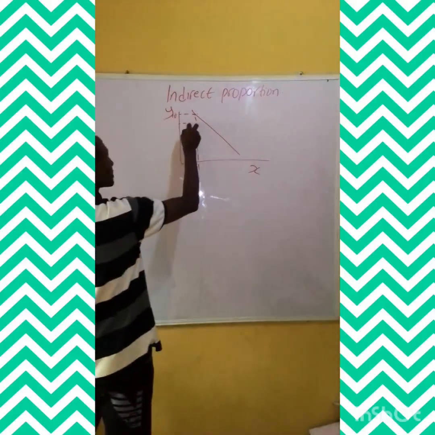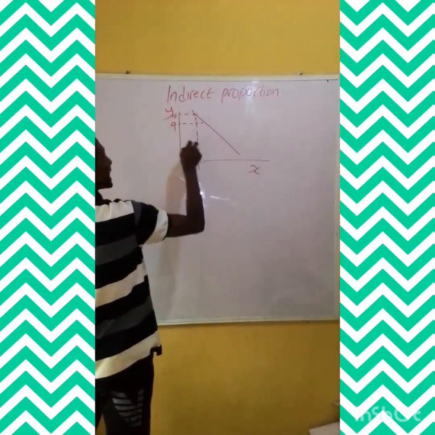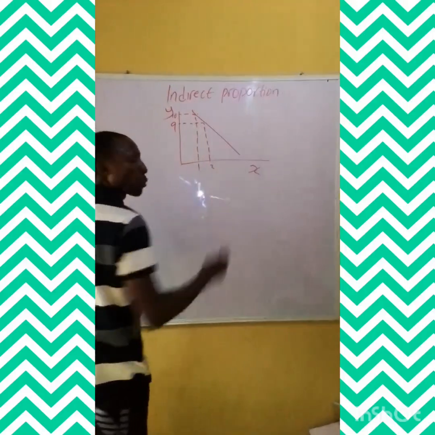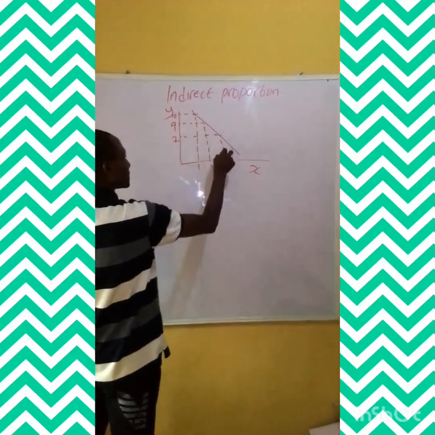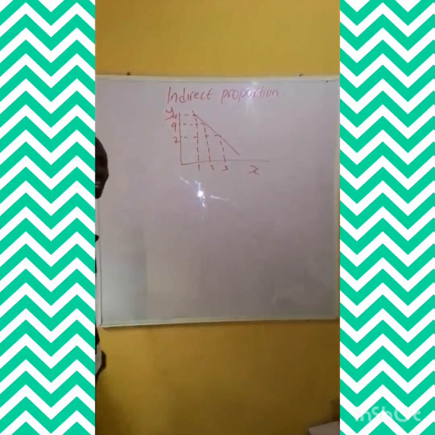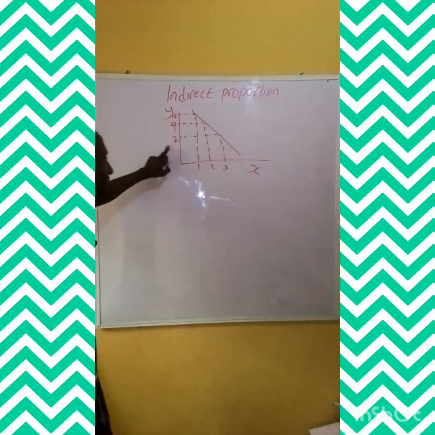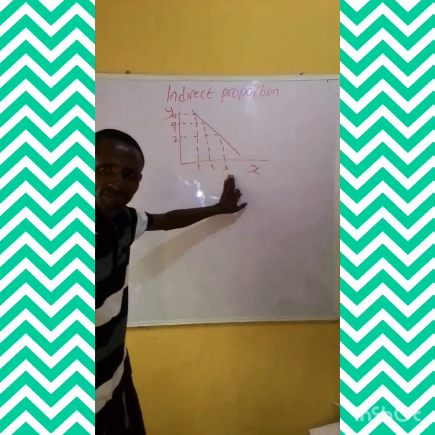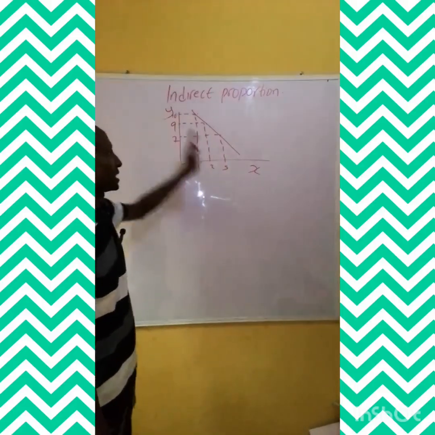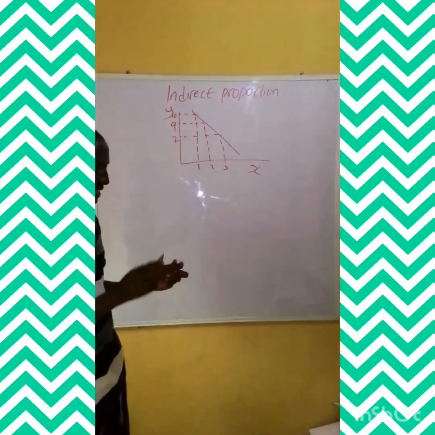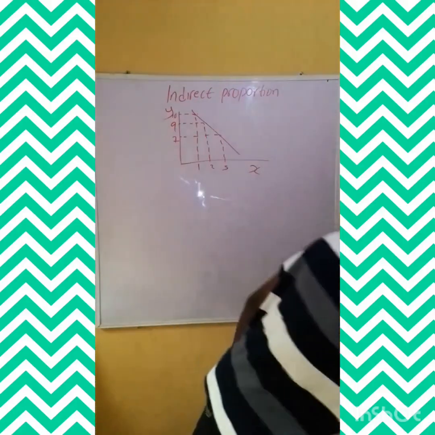If this decreases to 9, this can increase to what? 2. If this decreases to, let's say, 7, this can move to what? 5. Can you see? As this is decreasing, this is increasing. The same thing, as this is increasing, this will be decreasing.